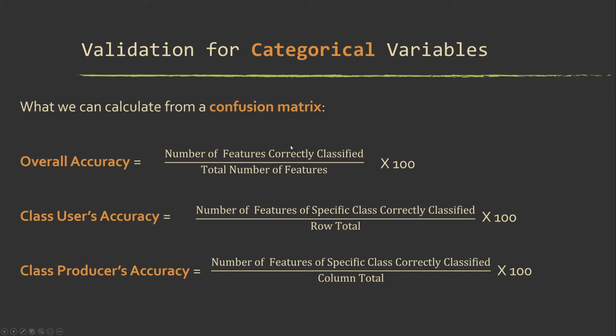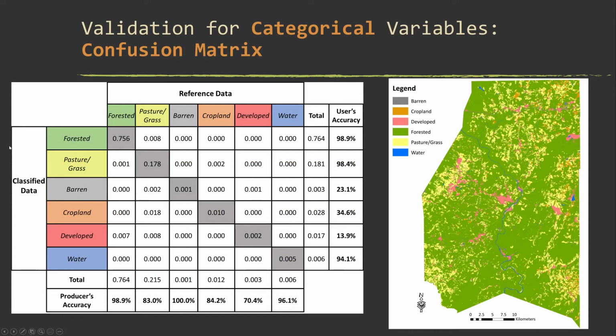Okay, so as a global measure of model performance, we generally look at the overall accuracy, and that's effectively the proportion or number of samples correctly classified divided by the total number of samples. So if we go back to our confusion matrix, it's going to be the sum of the diagonal divided by the sum of the entire table.